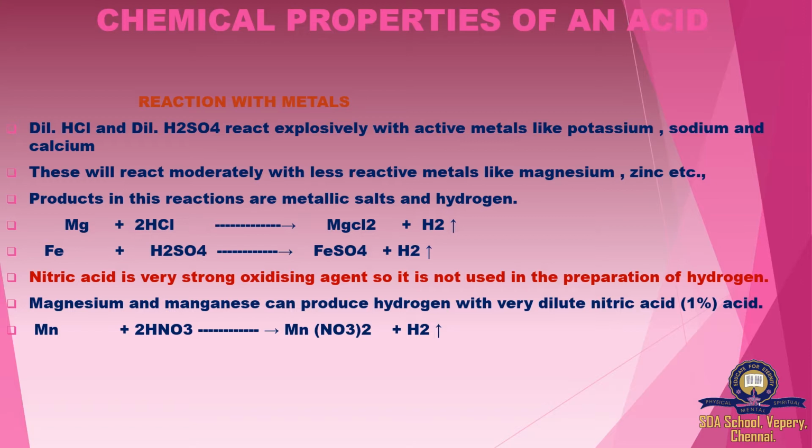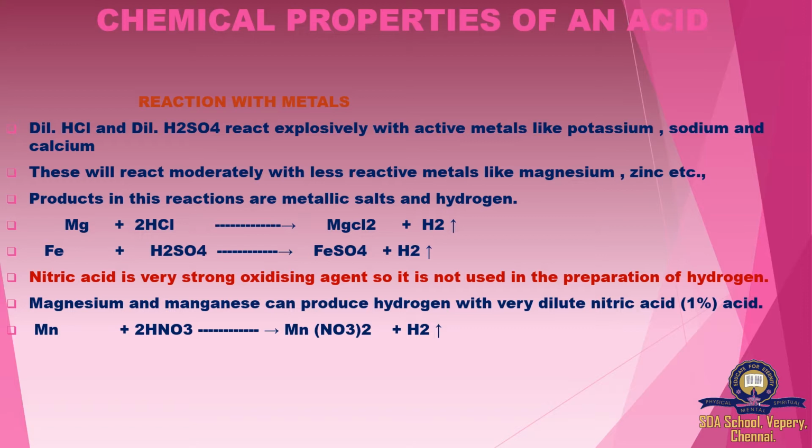When these acids react with the moderate metals like magnesium and zinc, it is giving a corresponding salts and hydrogen gases evolved. First, the magnesium is reacting hydrochloric acid. The products are magnesium chloride and hydrogen gas evolved.